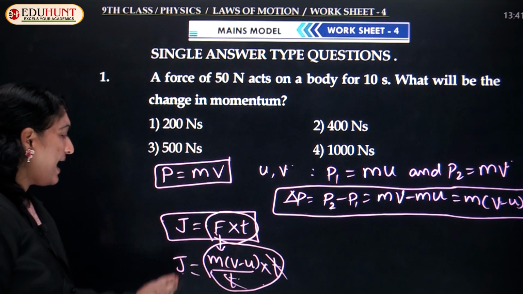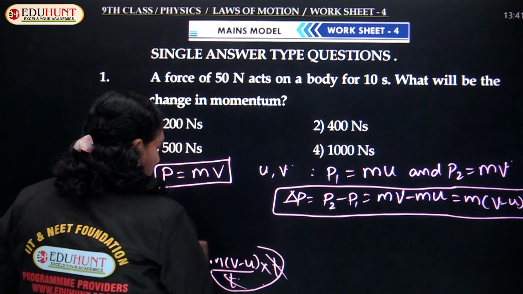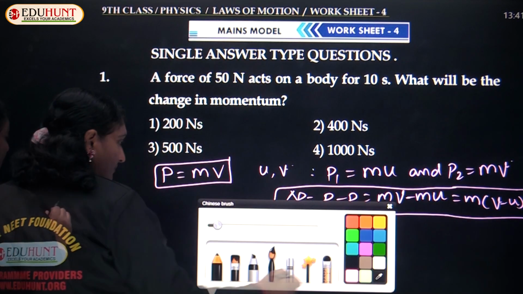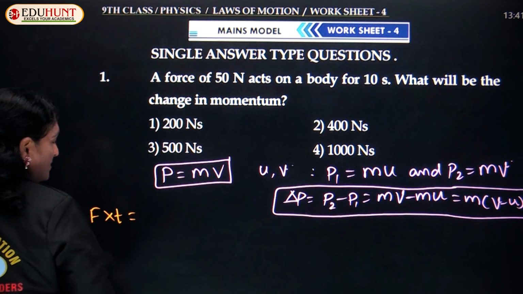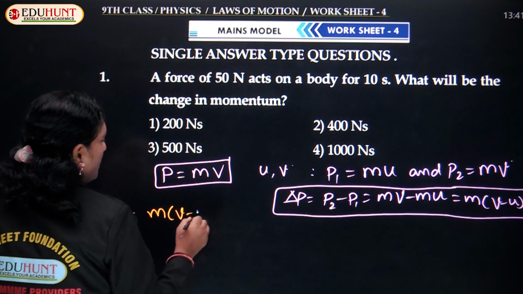So clearly, as the LHS is equal, we can equate the RHS. Therefore, we can clearly say that impulse is equal to the product of force and time, which is also equal to change in momentum.